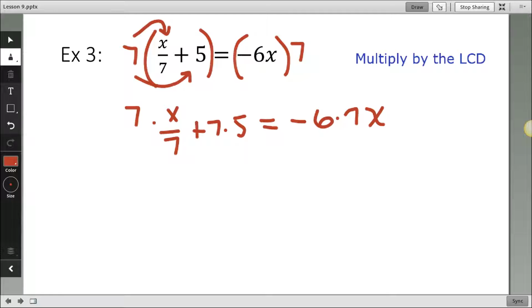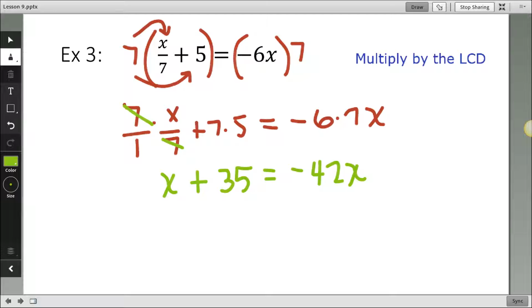And I just went ahead and wrote out the whole step. And now I'm going to simplify. So what happens over here is these 7's will cancel out because 7 divided by 7 is 1. So we're just left with x right there. 7 times 5 is 35, equals negative 6 times 7, which is negative 42x.